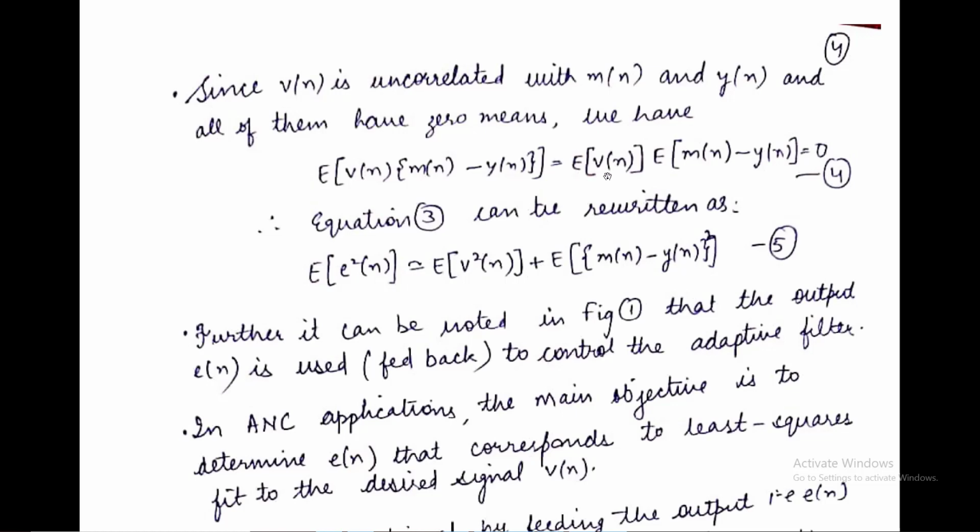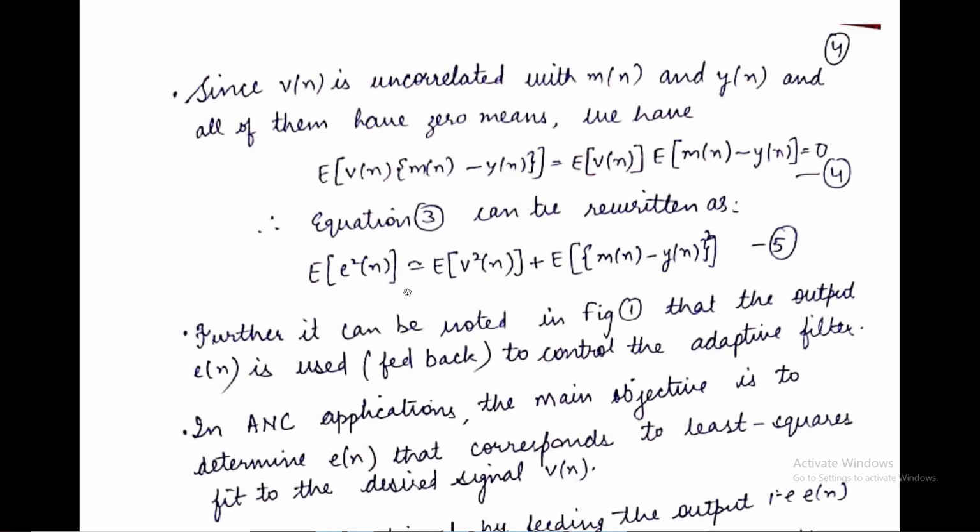So expectation of Vn into expectation of (Mn minus Yn) should be equal to 0. If you put equation number 4 in 3, then finally we can write the expectation of the square error as expectation of V square n plus expectation of (Mn minus Yn) whole square.